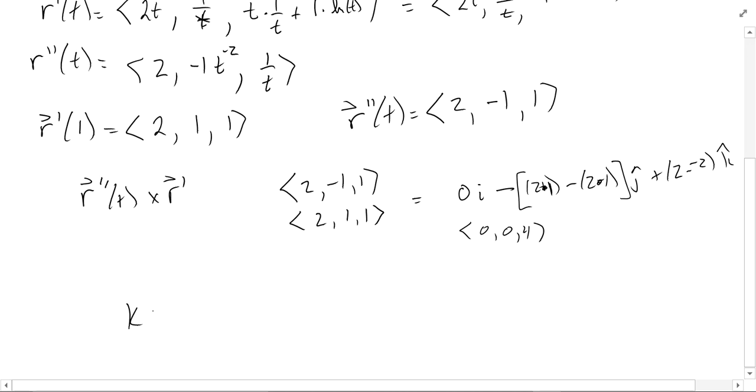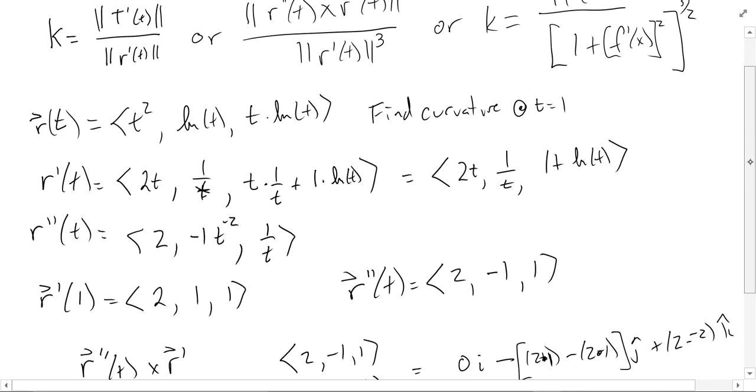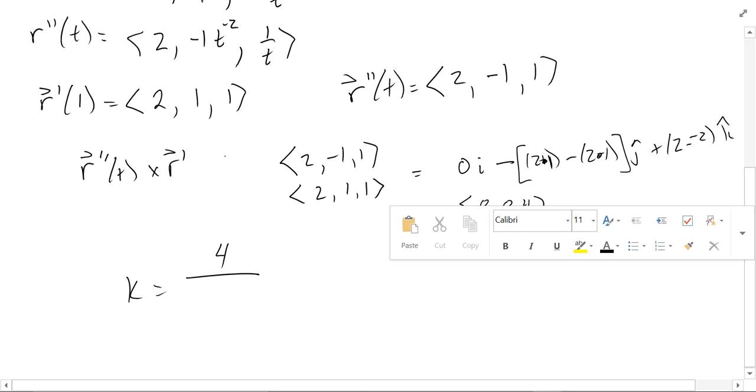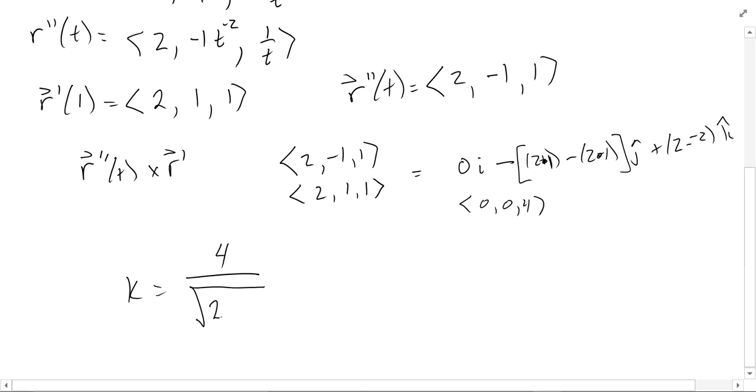So the curvature is going to be 4 divided by the magnitude of r prime raised to the third power. The magnitude of r prime is the square root of 2 squared plus 1 squared plus 1 squared, which is the square root of 6, all raised to the third power. So our curvature will be 4 over root 6 cubed.